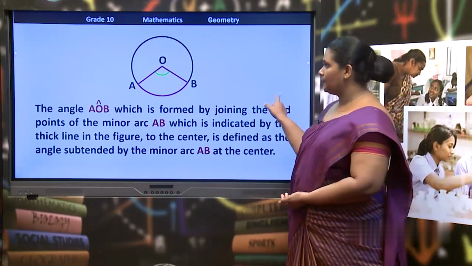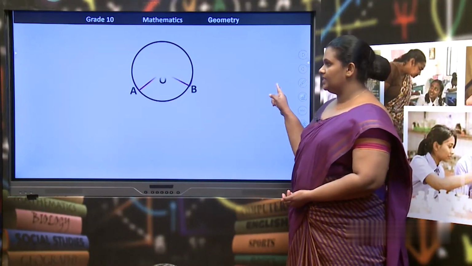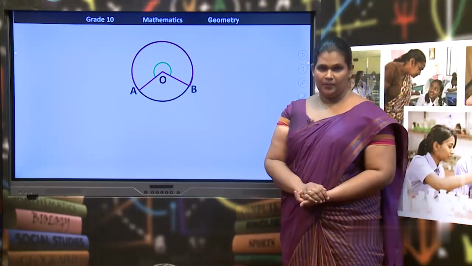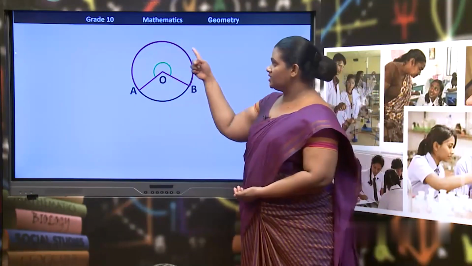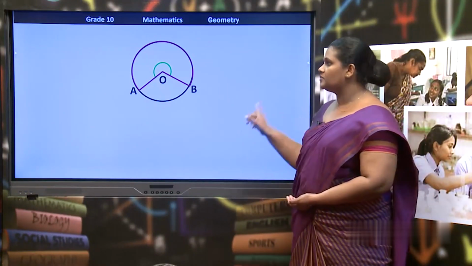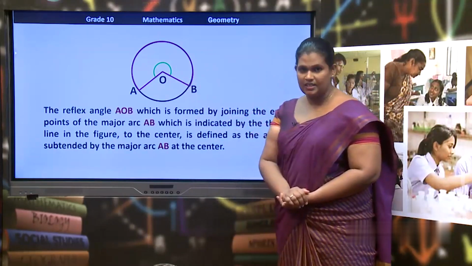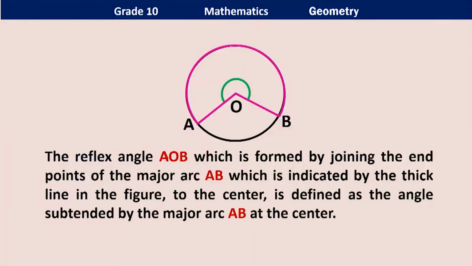Previously, I have mentioned that we have got a major arc here as well. So, we will see. If I consider the major arc AB, here you can see the major arc AB. Now, once again, I have subtended an angle on the center of the circle, this time by the major arc AB. Right.